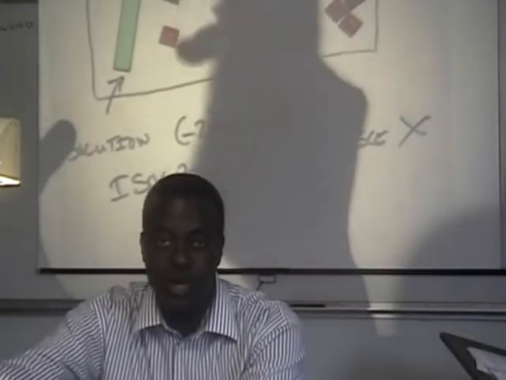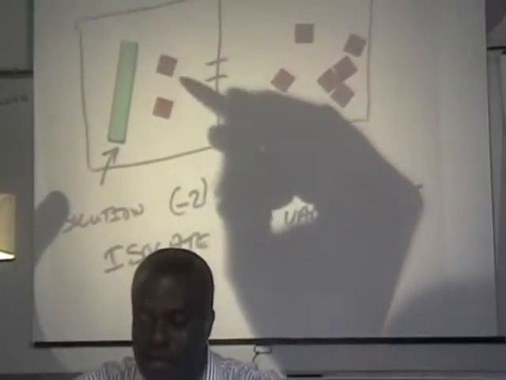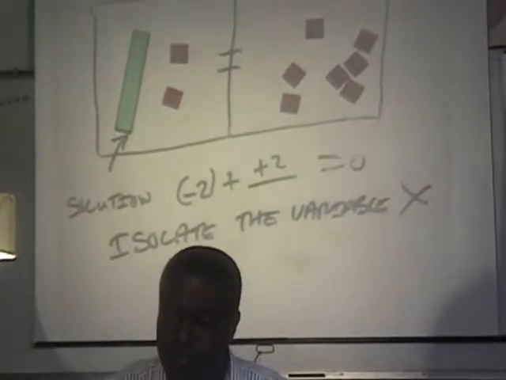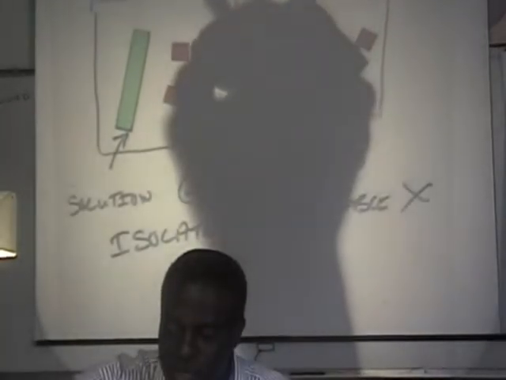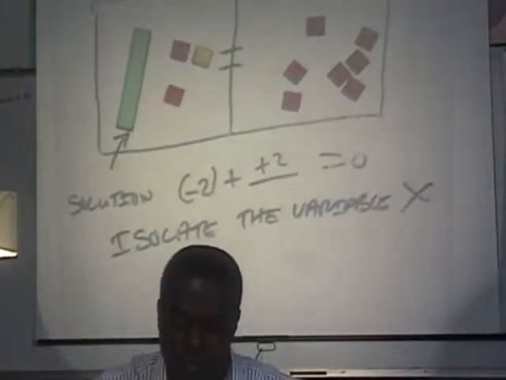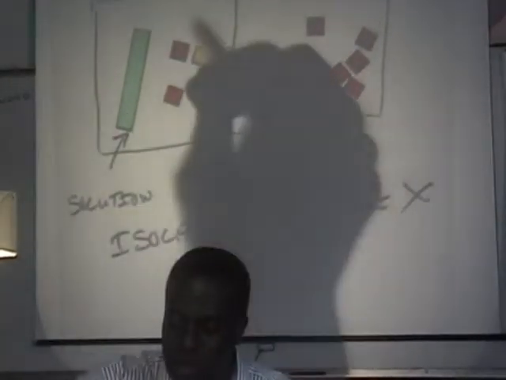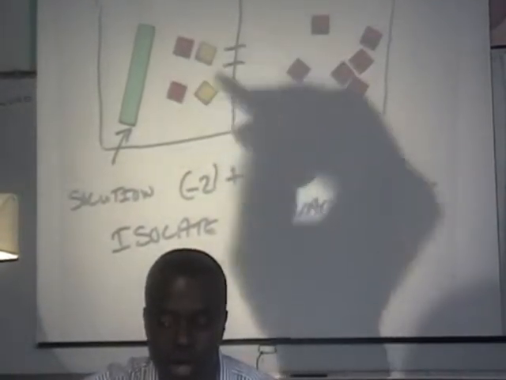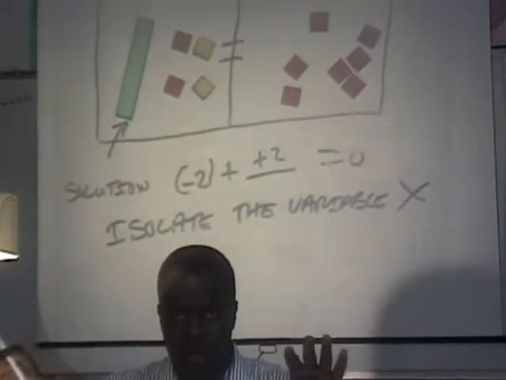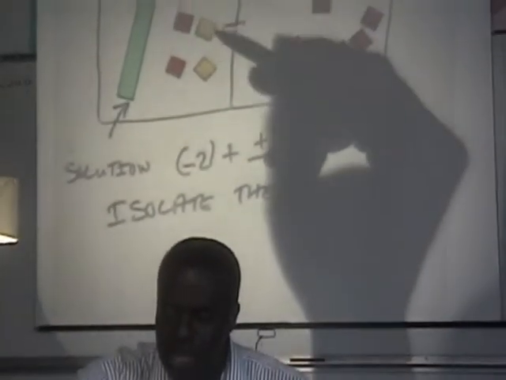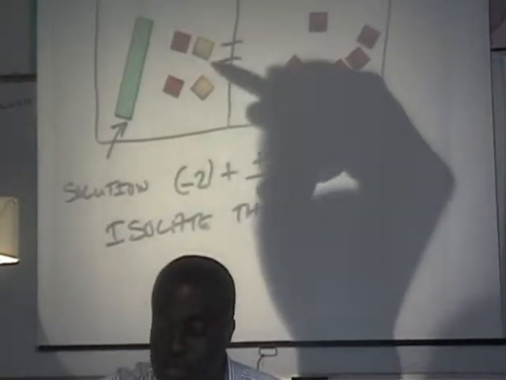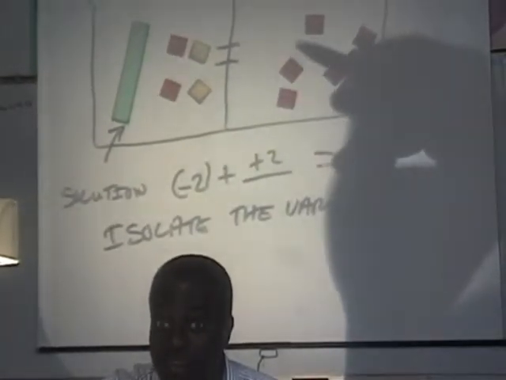Now, how do we isolate x? We must get rid of these 2 here, right? So what can I add to a negative 2 and get 0? We must add positive 2. Let's do that. And you know that positive 2 and a negative 2 are going to cancel out each other, right? But in order to keep everything balanced, if I add positive 2 on this side, I must add positive 2 on this side, right?